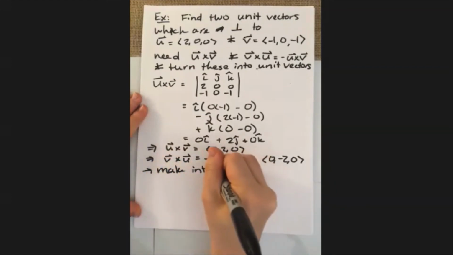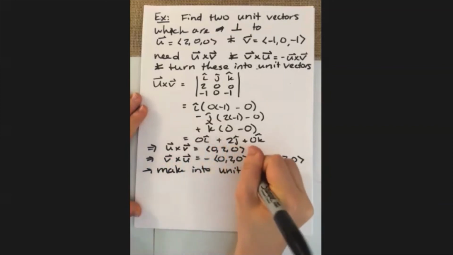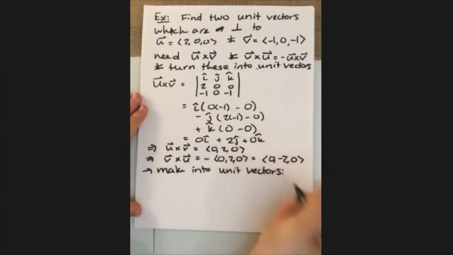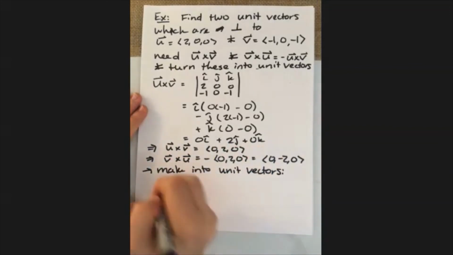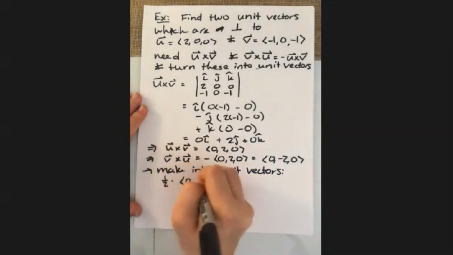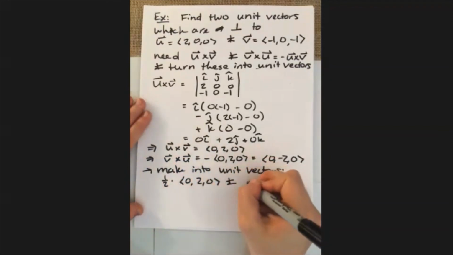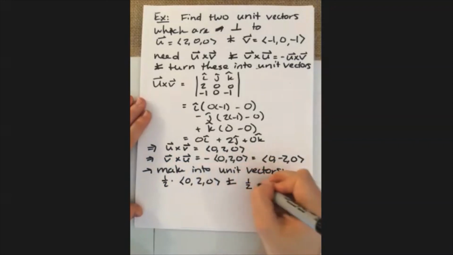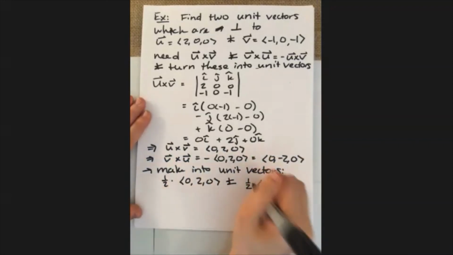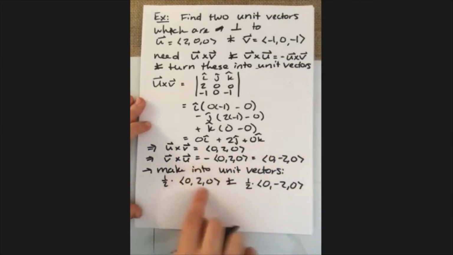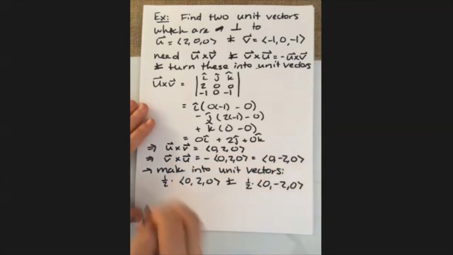And the way that we do that is just dividing by their length. So for our first one, we're going to have 1/2 times 0, 2, 0. And then for our second one, we have 1/2 times 0, -2, 0. This 1/2 that's out front here is simply the reciprocal of the length of each one of these vectors.